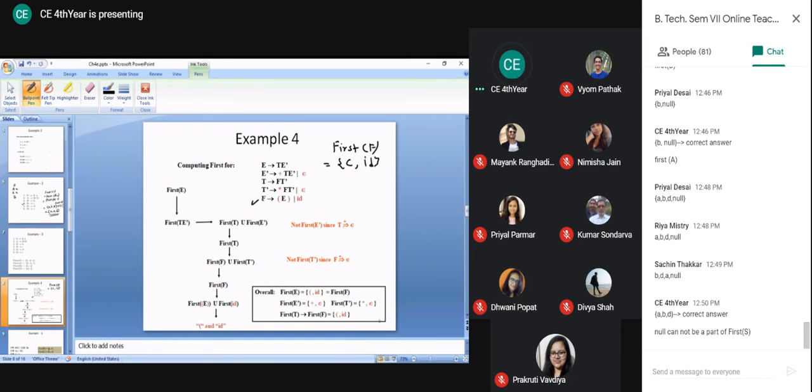From this rule, we are getting opening parenthesis and ID, both of which are terminals.